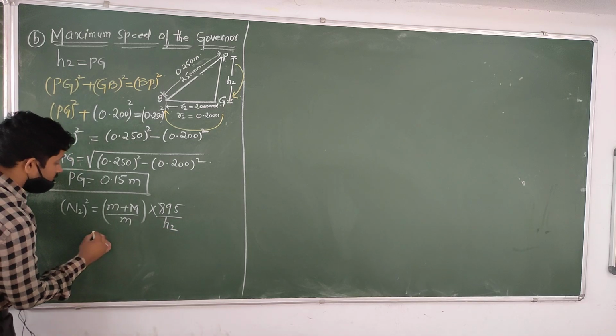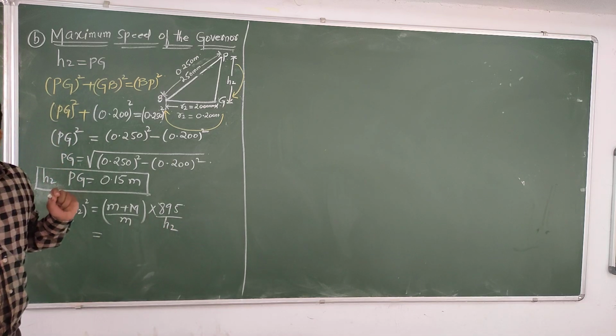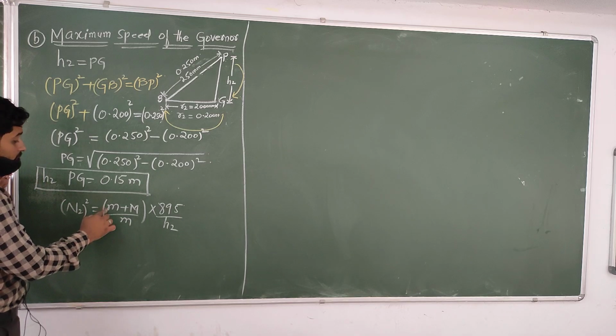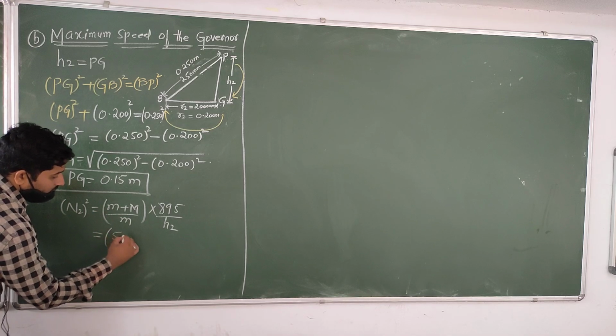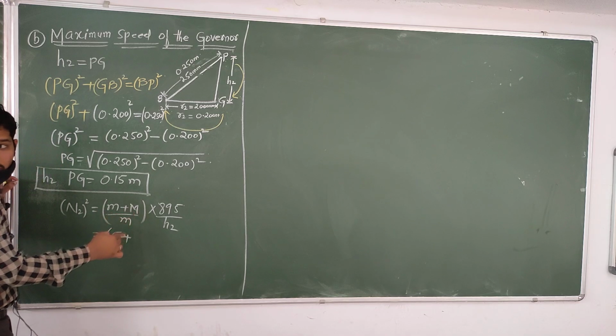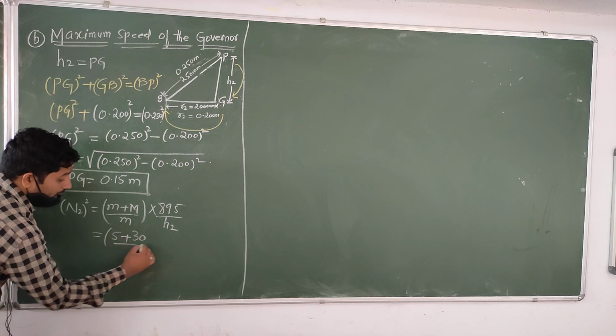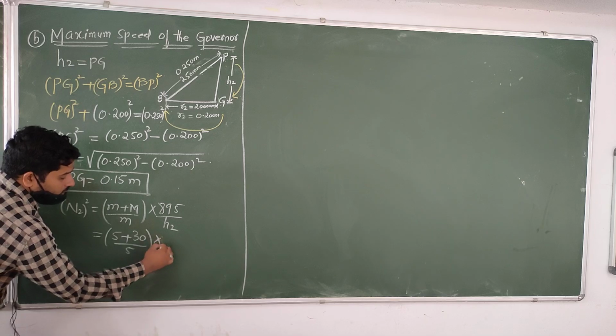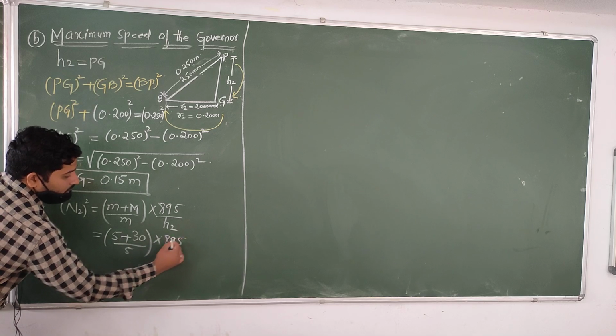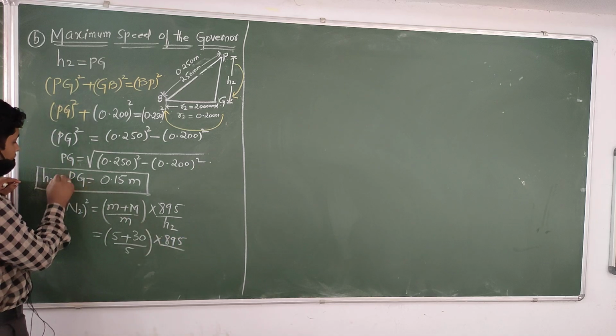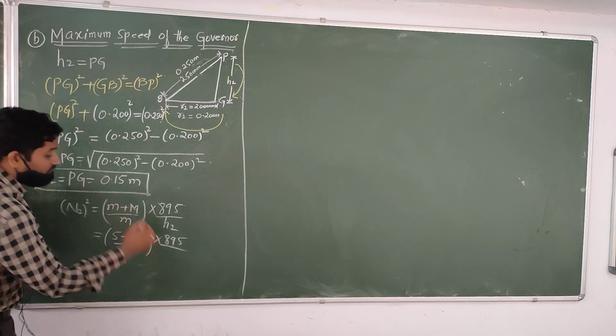Okay dear, small m value is 5 plus capital M value is 30 kg, by 5 into 895 by H2 value, which is 0.15.